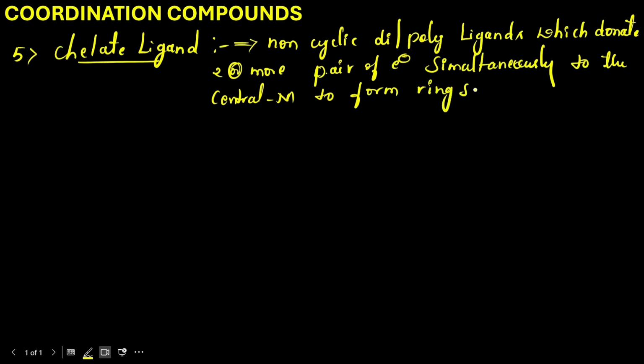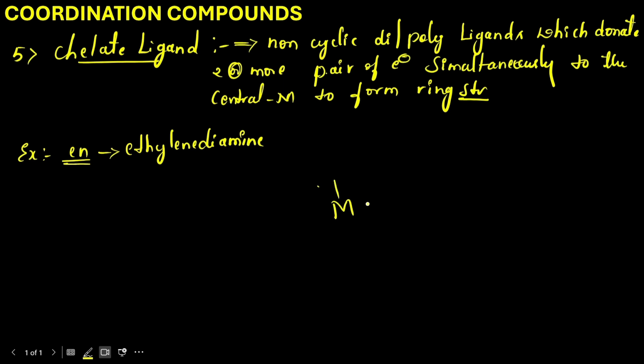We will take an example, that is ethylene diamine. En means ethylene diamine. Consider a metal ion to which 3 ethylene diamines are attached. We will write the structure here.